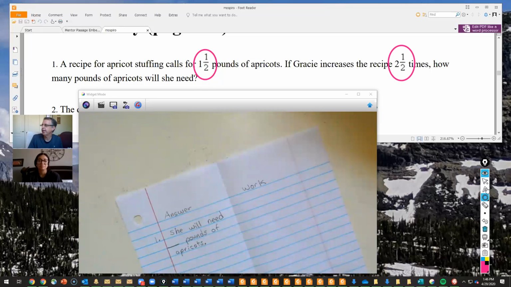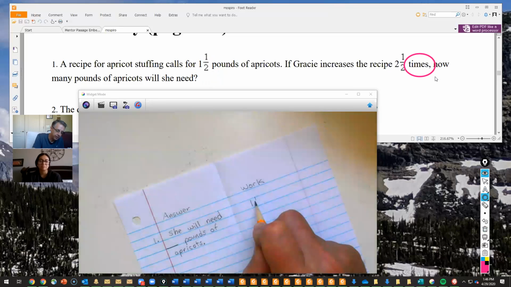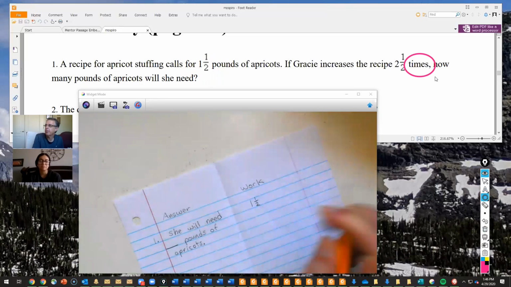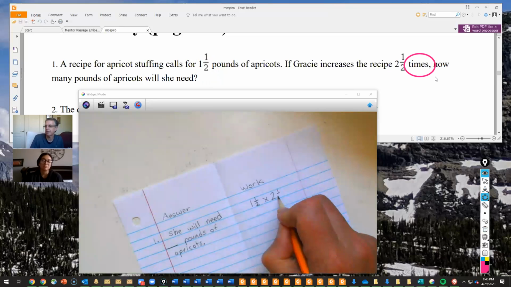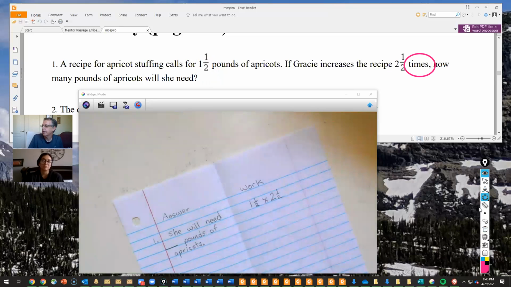The key word here is 2.5 times. What I'm going to be doing is taking 1 1/2 and multiplying it 2 1/2 times.